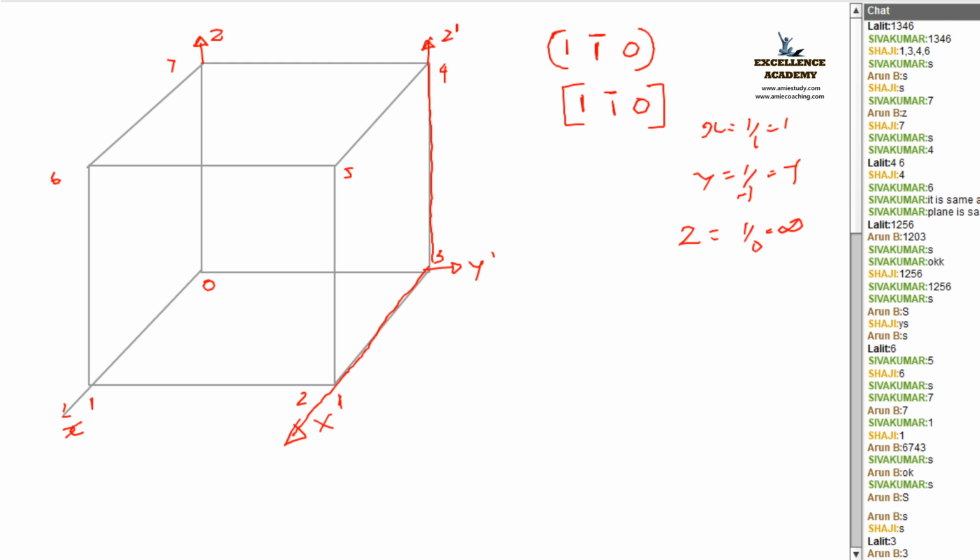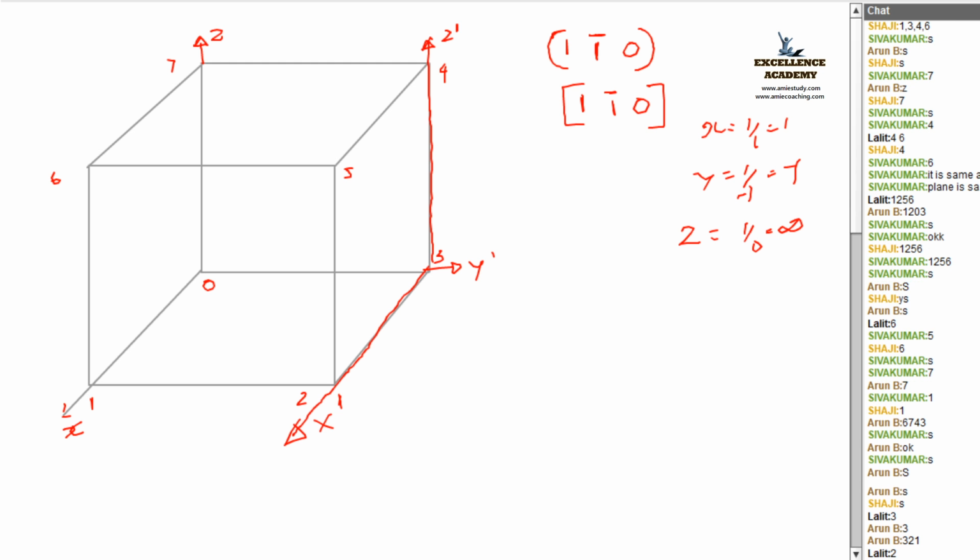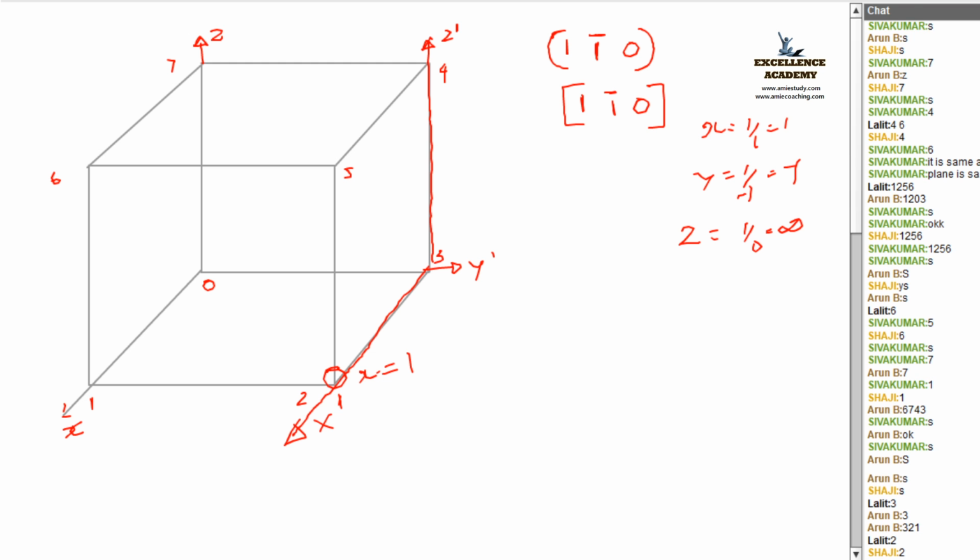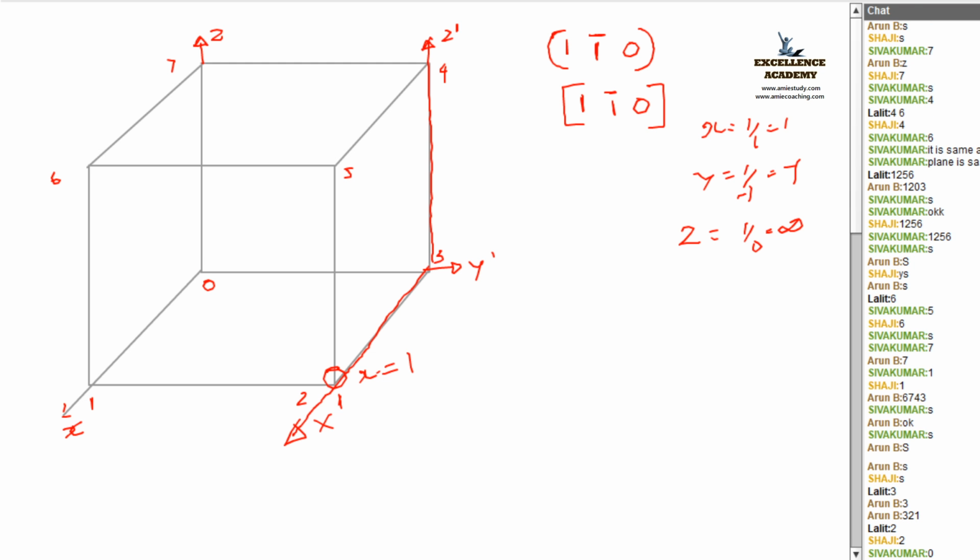Yes, this is my point, x is equal to 1. Y is equal to minus 1 means where will you reach? Yes, this is the point, y is equal to minus 1.